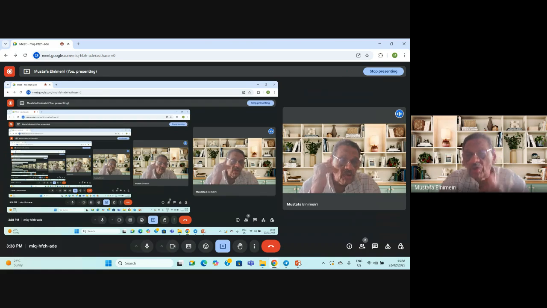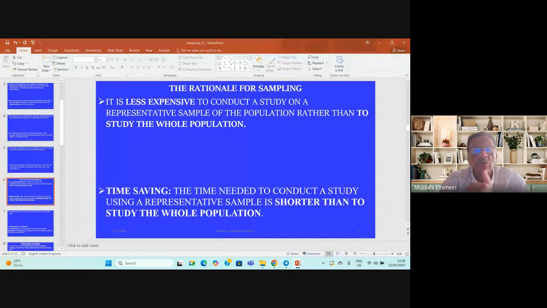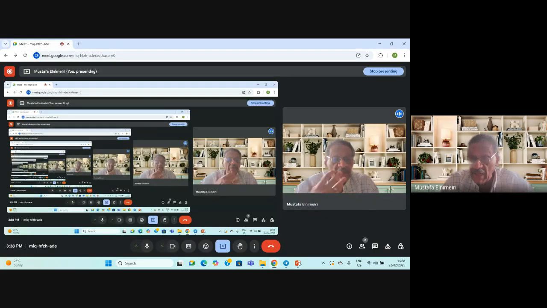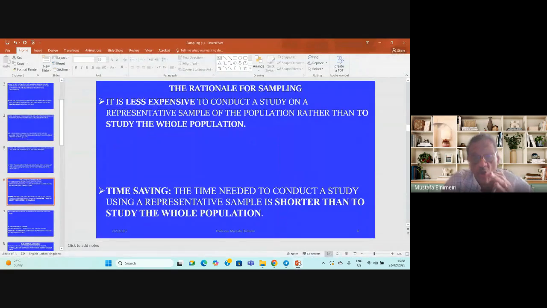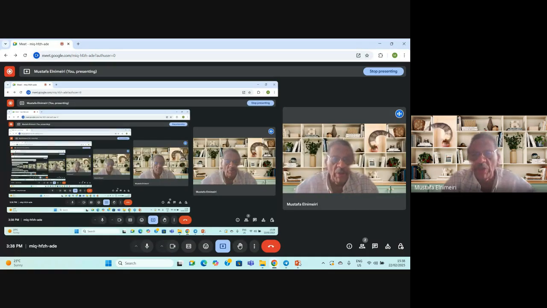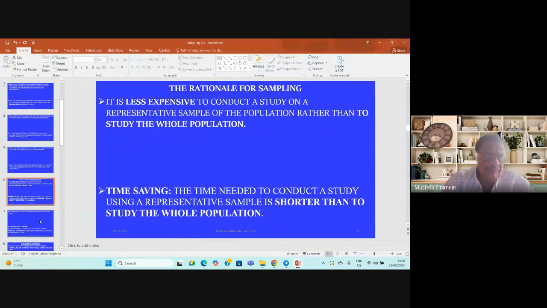So we resort to sampling because it is less costly. As well, it is time saving. The time needed to conduct a study using a representative sample is definitely shorter than to study the whole population, which would need a very long time to finish the study.